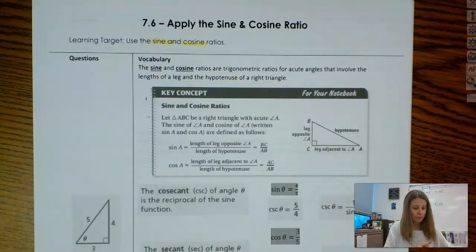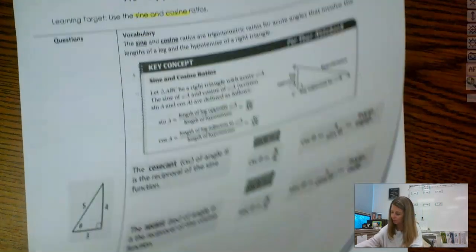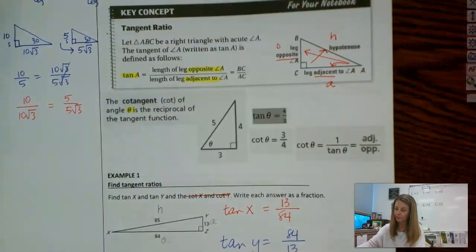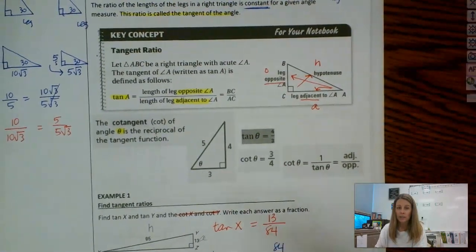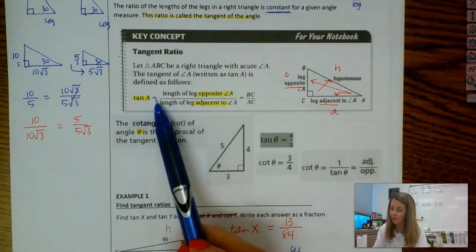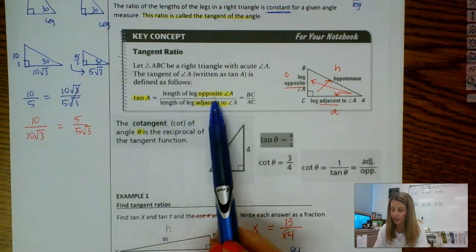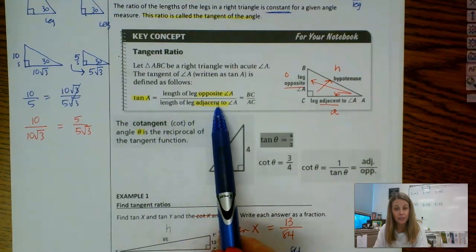All right, so let me review the lesson before. Grab those papers. The tangent ratio is the ratio, from the angle you're doing the tangent ratio of, of the length of the opposite leg over the length of the adjacent leg.